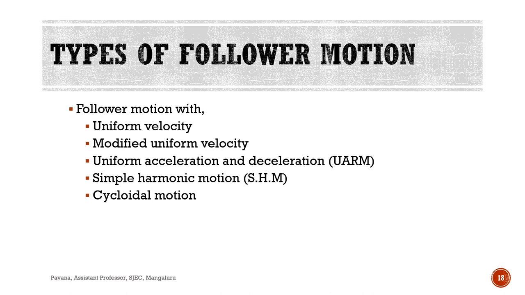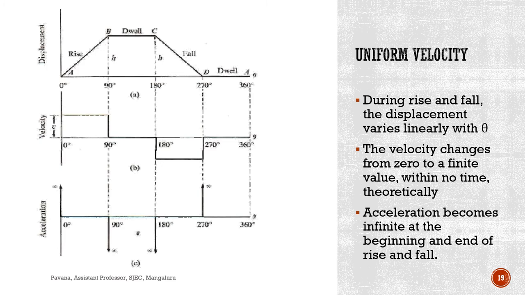The cam can be a combination of any of these types of motion. There is no rule that it should be only SHM or only cycloidal. It can be a combination of UARM, SHM, and cycloidal, or only UARM, or only cycloidal. Problems can be asked with a combination of any of these follower motions.